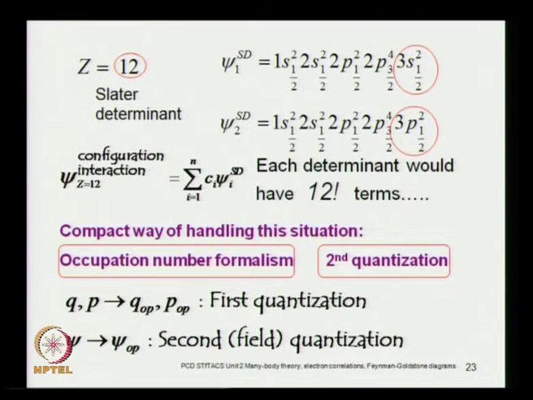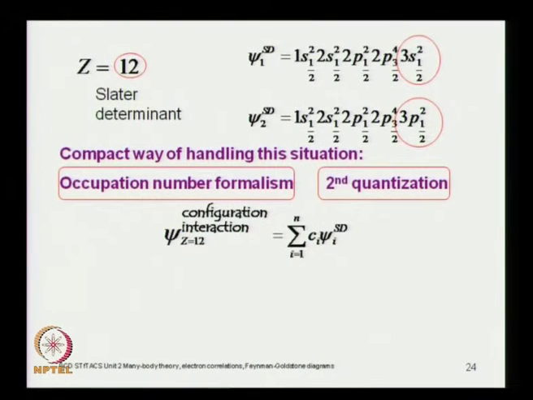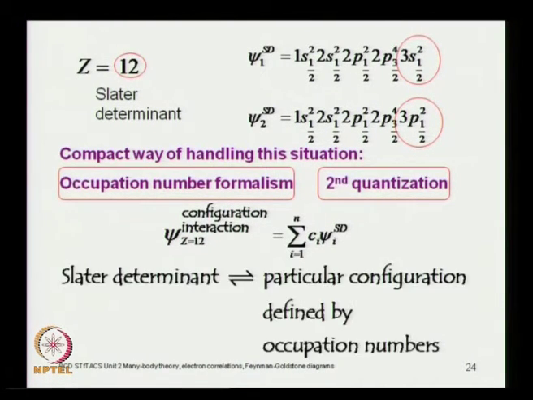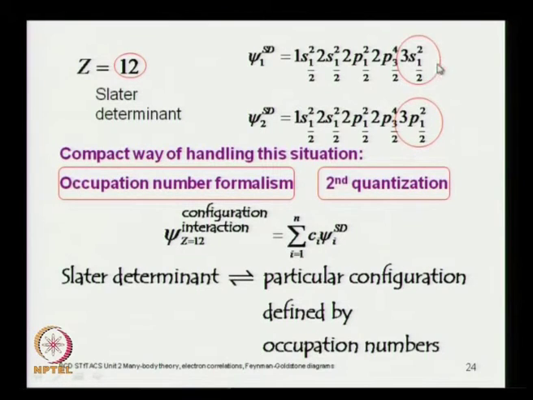Depending on different contexts, they do have different emphasis contained in these alternate expressions, and they are inspired by the fact, in the context of the fermions, that each Slater determinant is decided by a particular configuration, which means which single particle states are occupied. In the first configuration, other than the first 10, these two are occupied and these two are empty, but in this case the 3s are empty and the 3p are occupied, right.